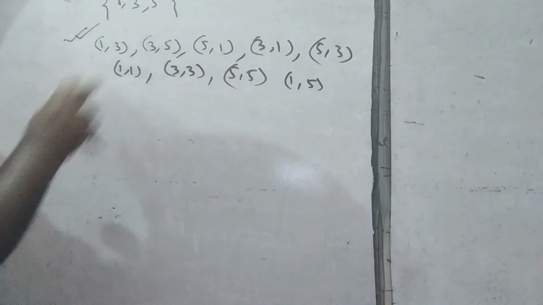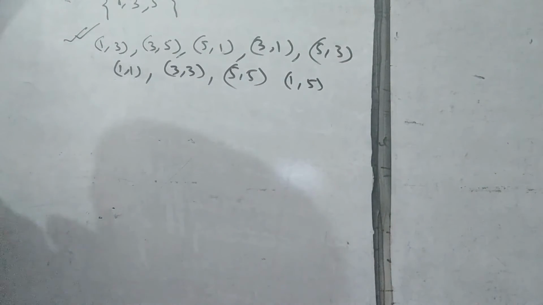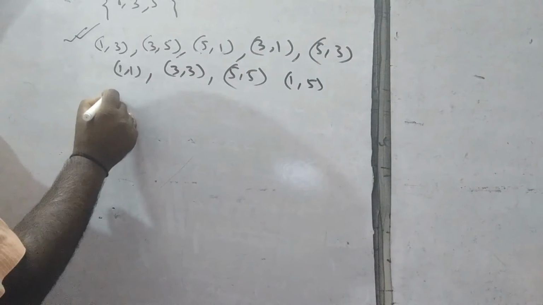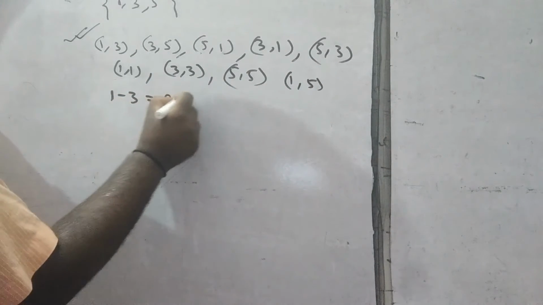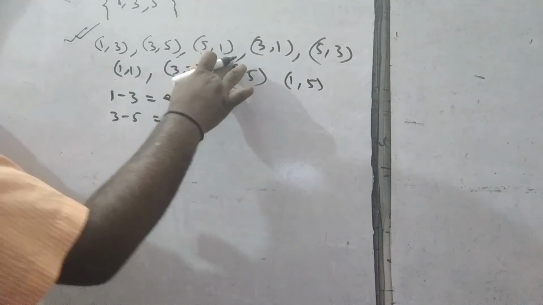Now see, in every pair the difference is even. If you take 1 minus 3, this is also even. 3 minus 5 is also even. 5 minus 1 is even.